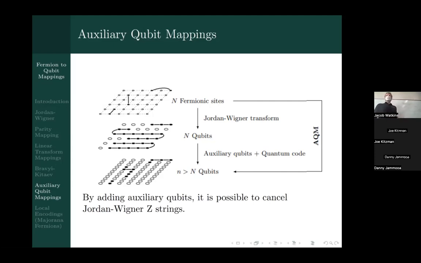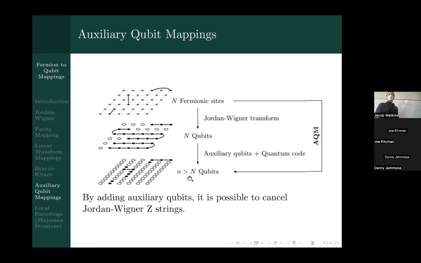is basically a class of methods where you add additional qubits to store data to make the strings more local, meaning that you aren't using the long strings of distant qubits. This is a nice picture from one of the papers that shows the first step is the Jordan-Wigner transformation, using the S pattern of numbering qubits. You can see the long Z strings connecting the qubits in hopping terms.